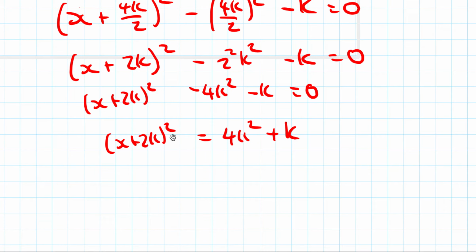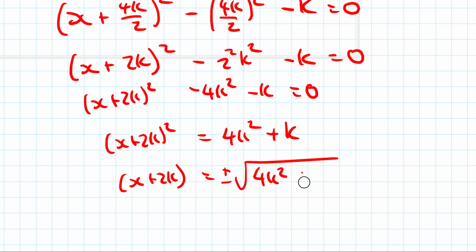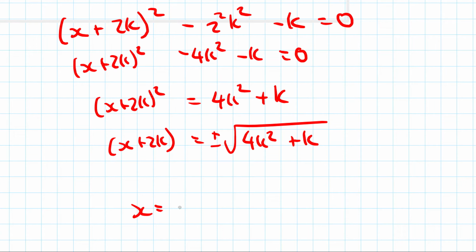So then we square root both sides, so it's going to be x plus 2k is equal to the square root, plus or minus, of 4k squared plus k, and then we minus 2k, so x is equal to minus 2k plus or minus the square root of 4k squared plus k. And that's your answer to part A.